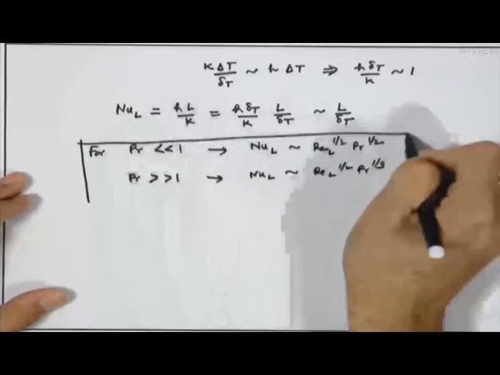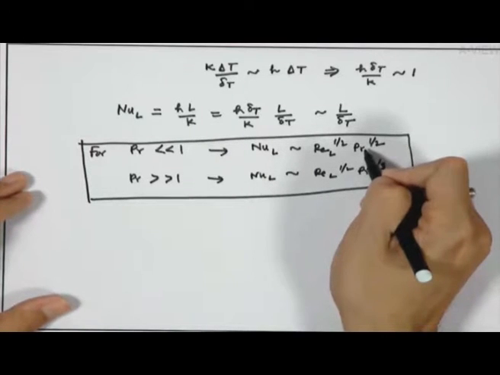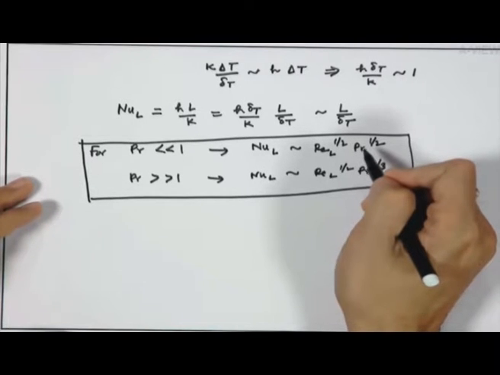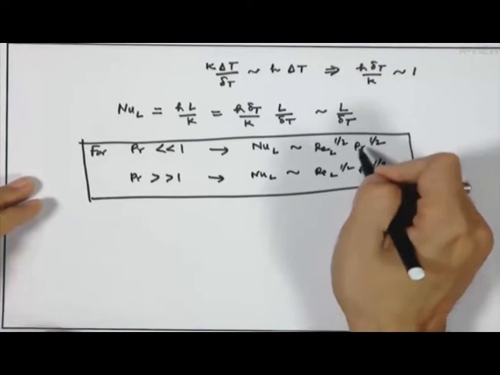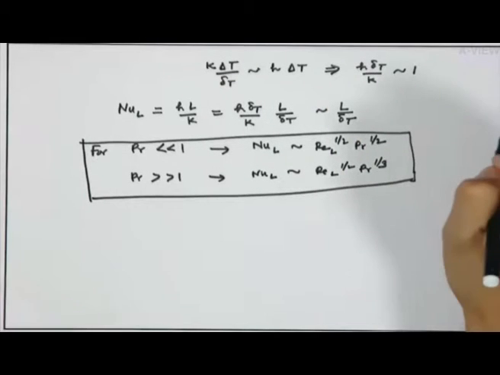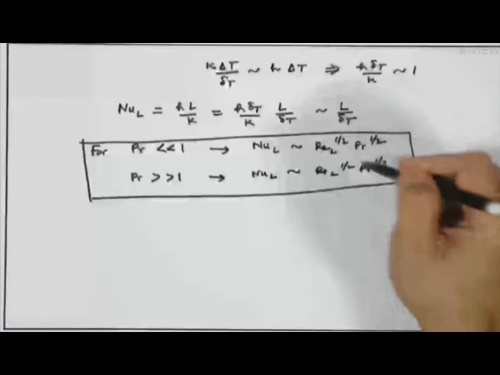So, these are basically L by delta T order. So, just in the previous page of the notes we have written the expression for L by delta T or delta T by L. Now, what are the importances of this expression?